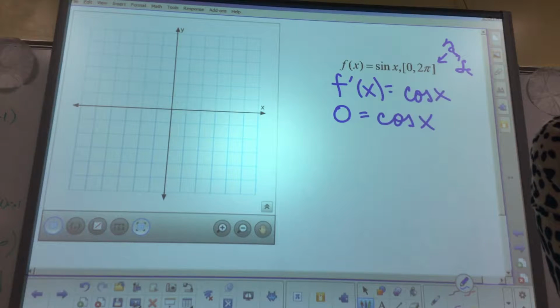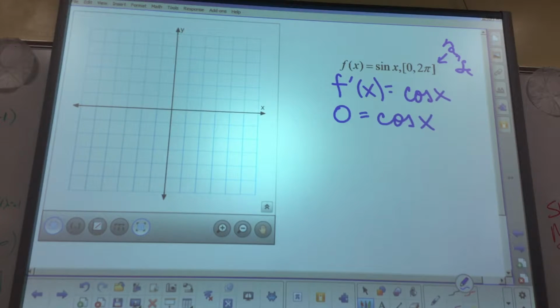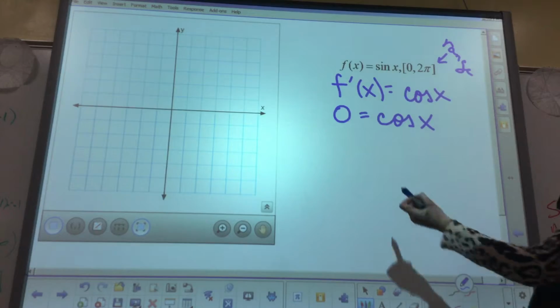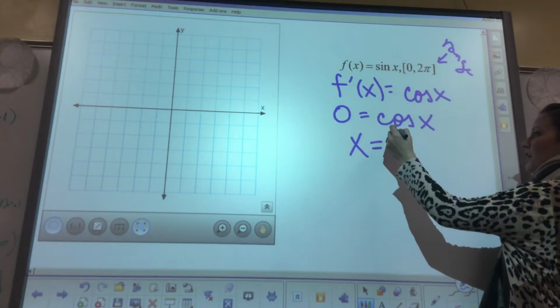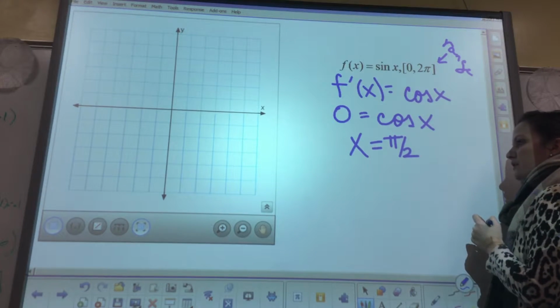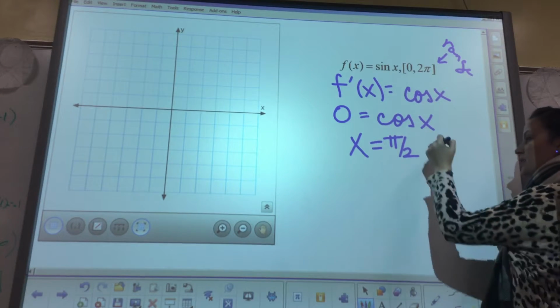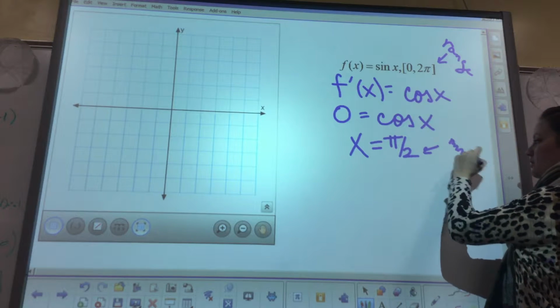There are lots of ways to do this. So x equals pi over 2. So this is our min or max, or our local extrema.